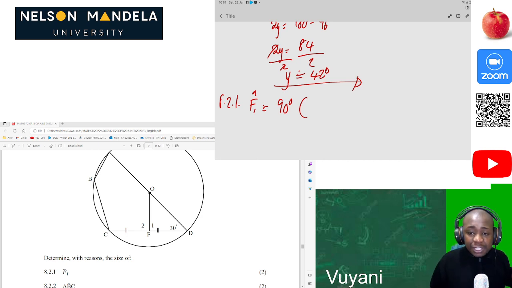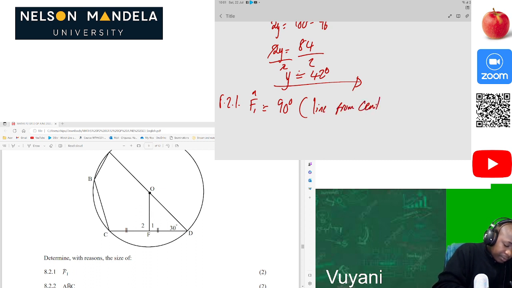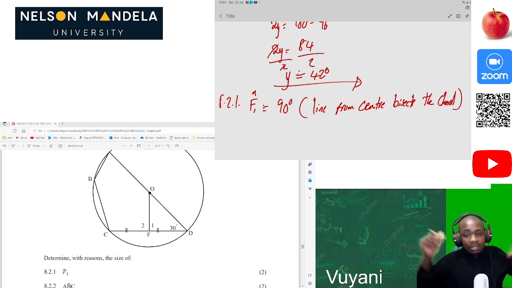By virtue of that, OF bisects the chord. So F1 is equal to 90 degrees because a line from the center bisects the chord. Just like that, and we are out.